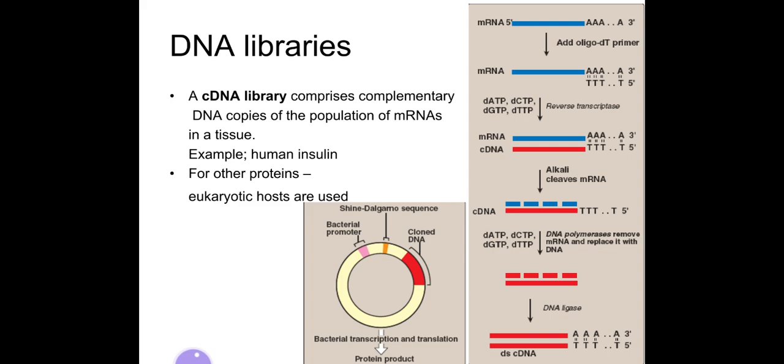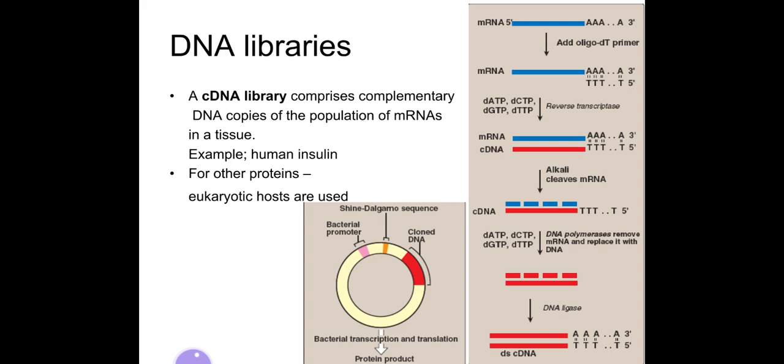We start our experiment by isolating the mRNA from the tissue which contains that protein. For example, if we take reticulocytes, the mRNA is composed largely of the molecules that code for the alpha globin and beta globin chains of hemoglobin A. So this mRNA can be used as a template to make a cDNA molecule.